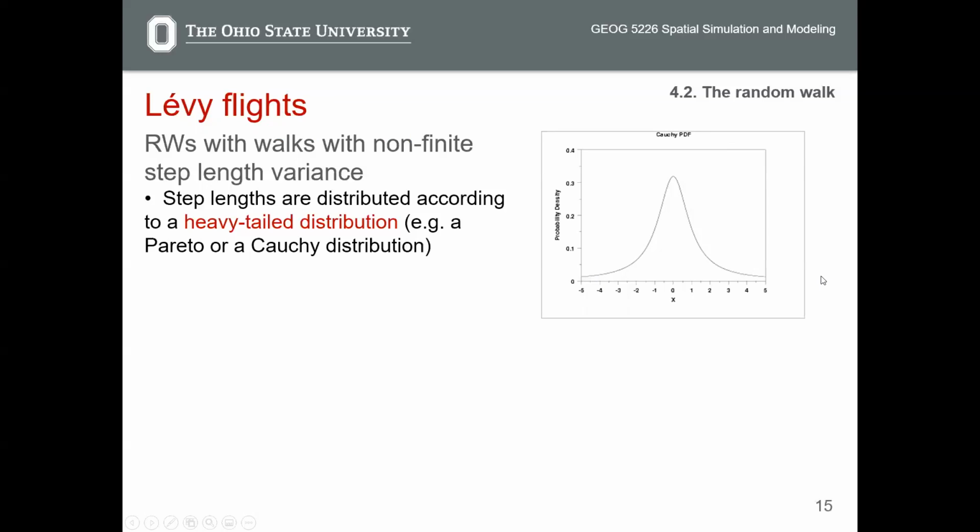What's the actual meaning of these long tails in terms of random walk? It means that although the probability is low, it's possible to have a very long distance for a specific step. Because the tails are very close to the x-axis, the probability of picking a very large value is pretty low, close to 0, but it's not equal to 0.